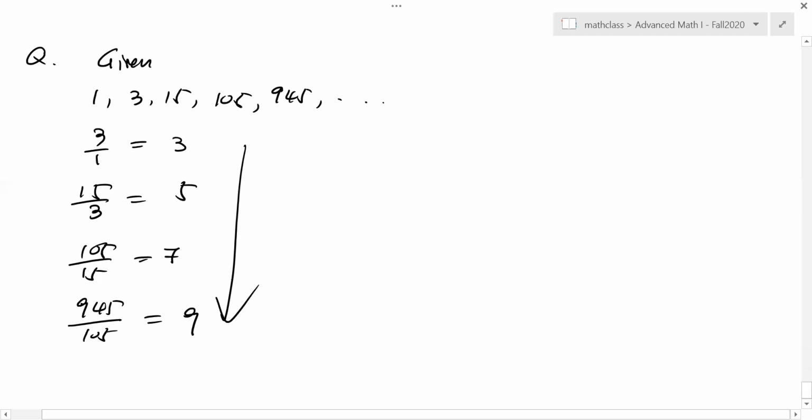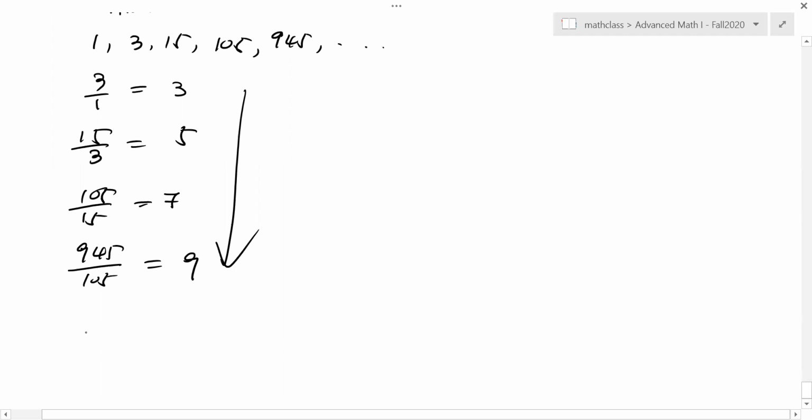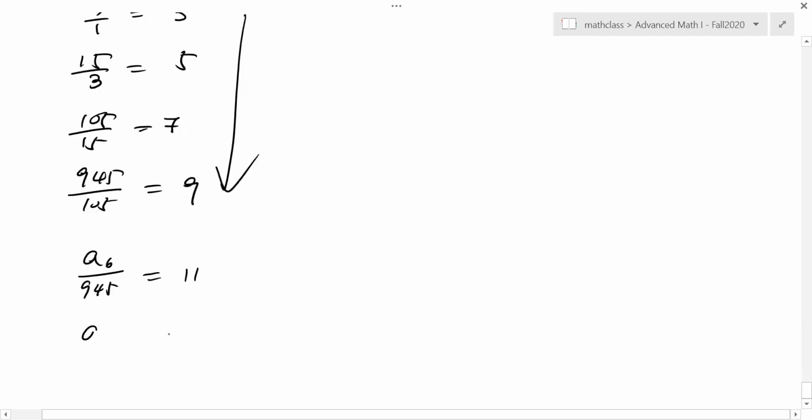If you take a difference, I don't see that pattern, so I take a division instead of difference. Then the next term is 11 times 945, and you multiply this out. We solved the problem. Great.